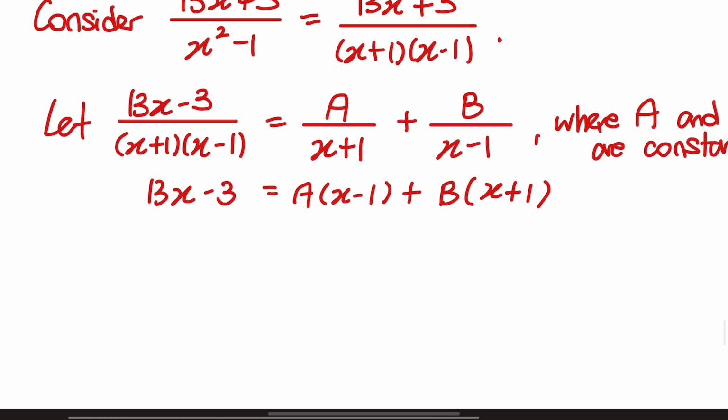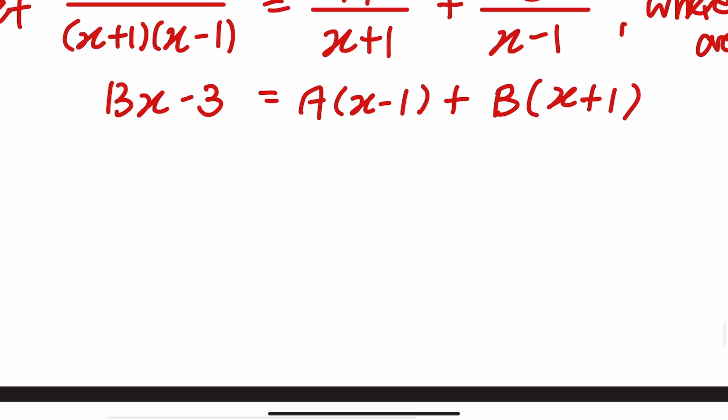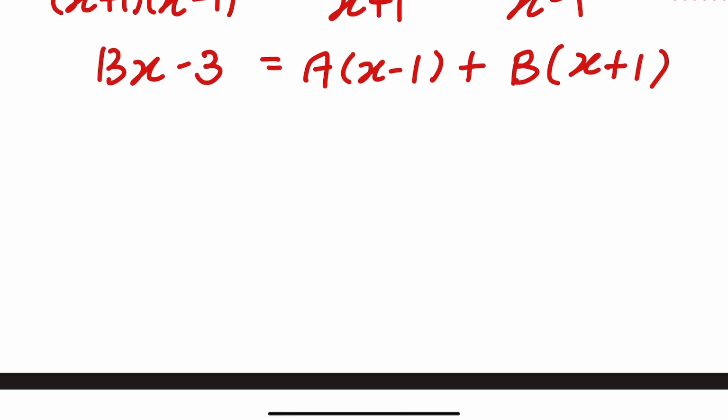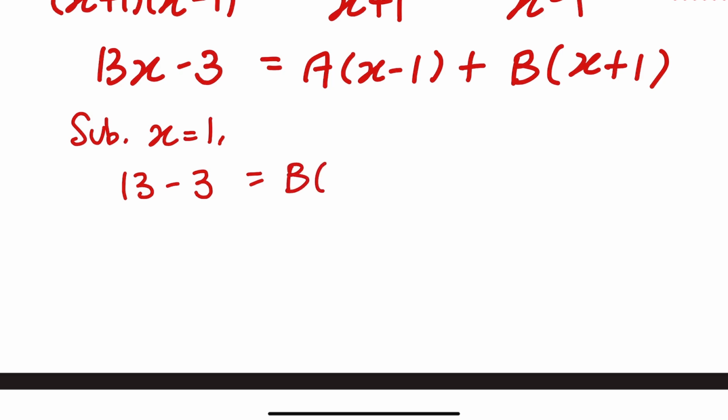So over here, the steps are the same. Find A and B. What values of x can I sub in to find A and B respectively? I will choose to sub x equals 1. I will get 13 minus 3 equals, the A will disappear, B times 2.